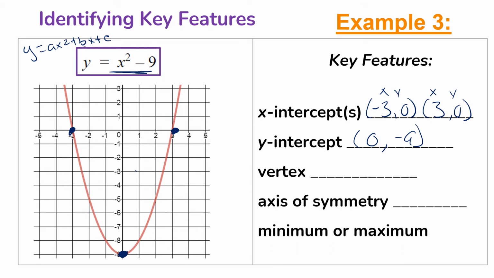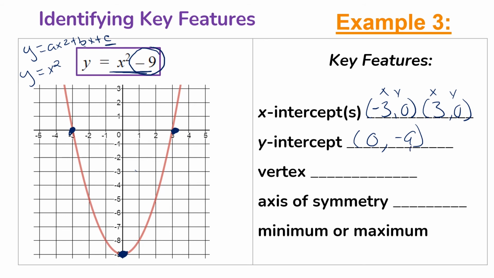It is considered a quadratic function as long as you have an x squared term. So remember that from the parent function. So no x term, but remember c, which is the constant or the number by itself, is always the y-intercept. So we can look at the equation right here, or we can look at the graph to see the y-intercept of 0, -9.